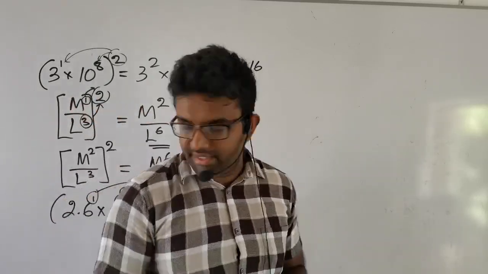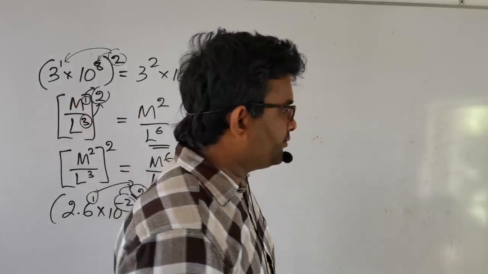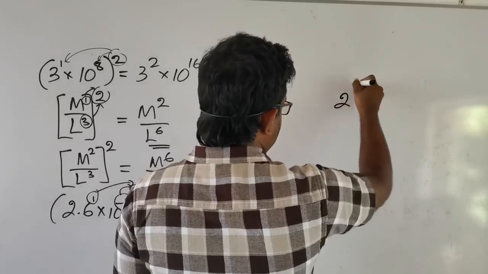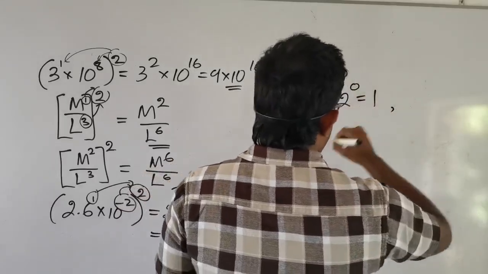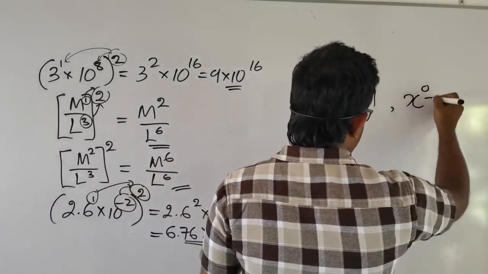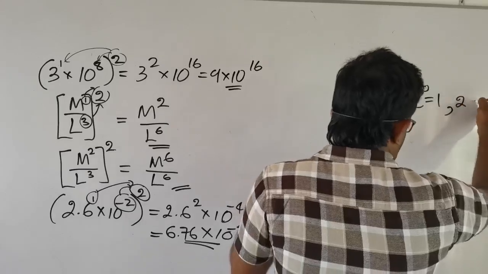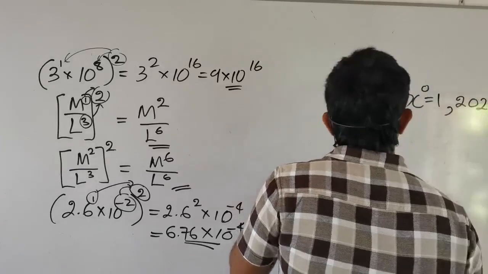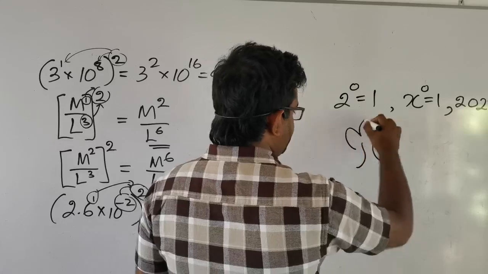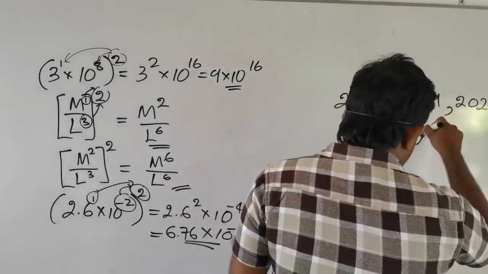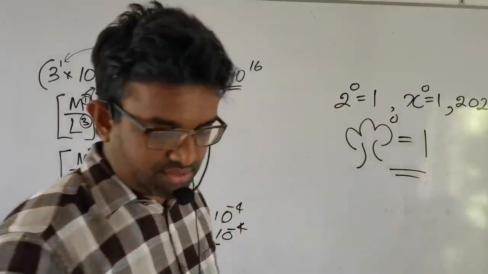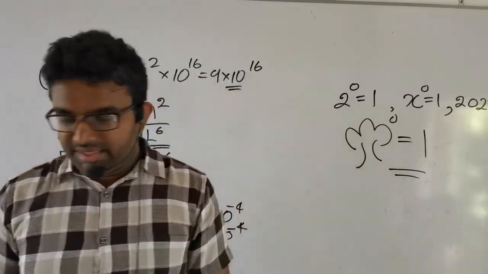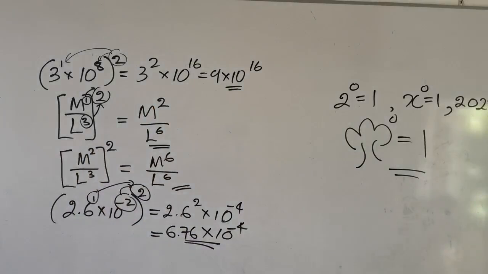Then they write down these examples. Now if we write 2 to the power 0, that is 1. We can write x to the power 0, that is 1. We can write 27 to the power 0, that is 1. Any number's 0th power has the answer 1, right? Okay, then we move to the next one.